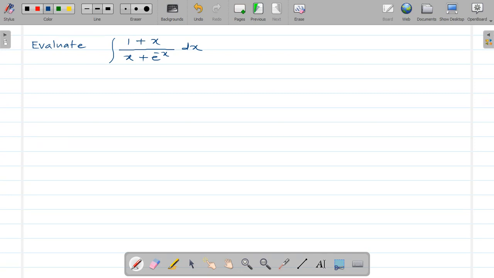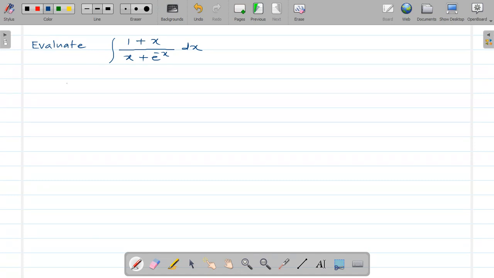But here in type number 2, you will not be able to see f(x) and f'(x) separately. First of all, you have to modify this (1 + x) upon (x + e^(-x)) so that the function becomes in the form of f(x) and its derivative. Okay, so first of all modify this.